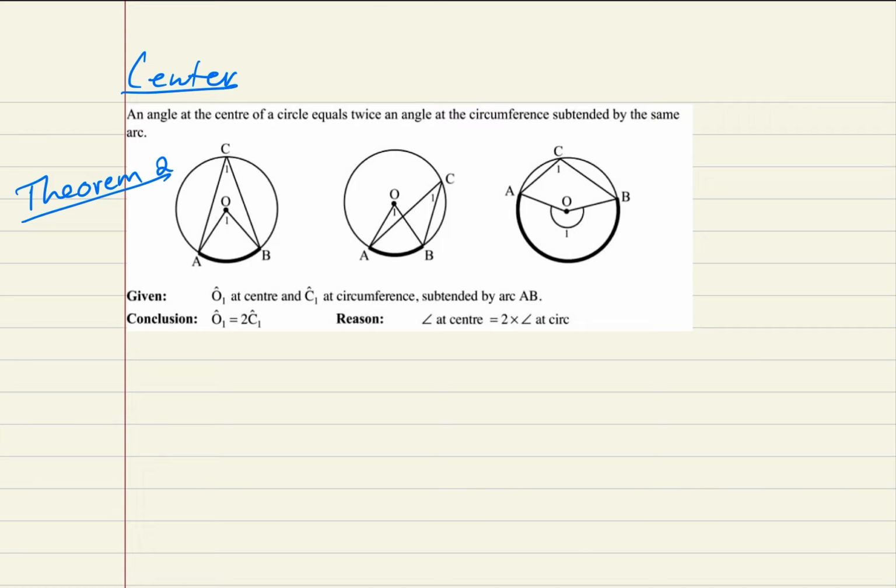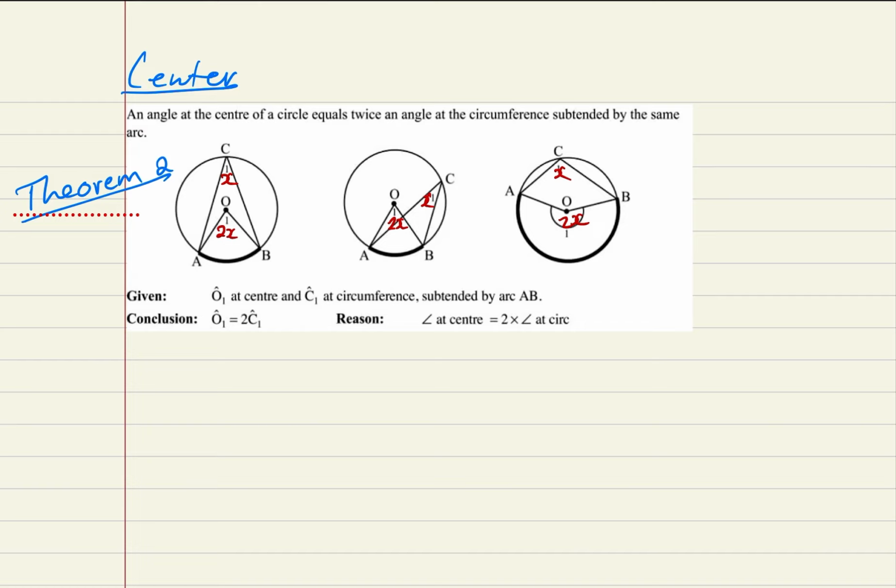We would not dwell much on arc, but if we have 2x here, that means here we'll have x. That is what basically this theorem is trying to say.